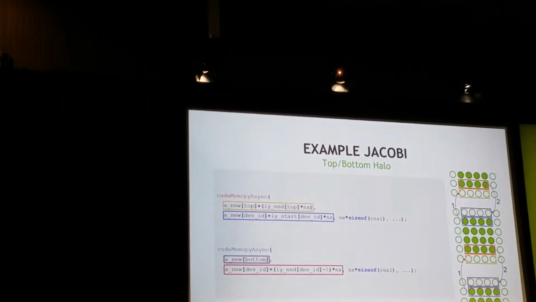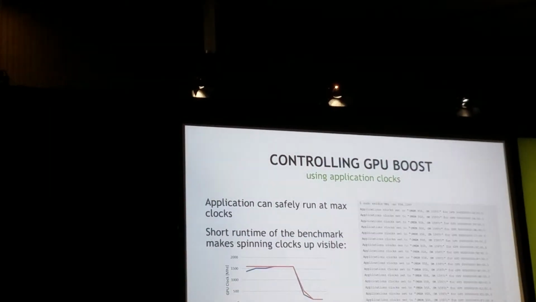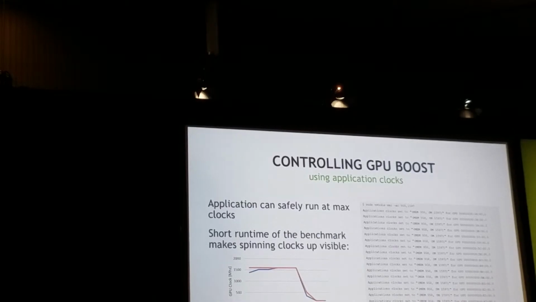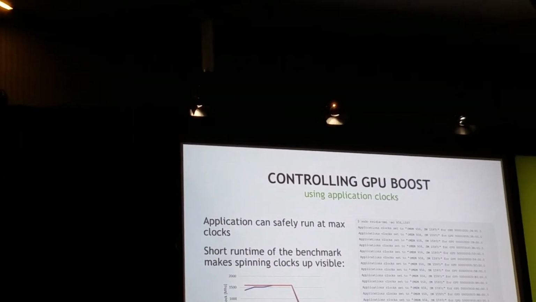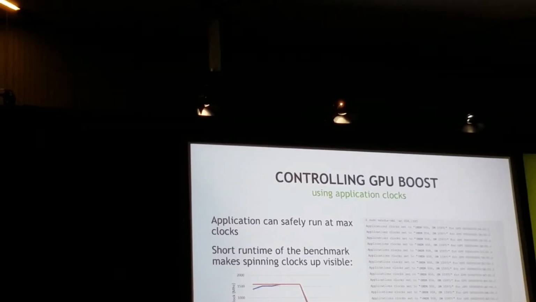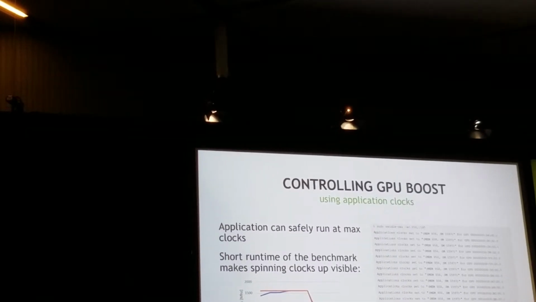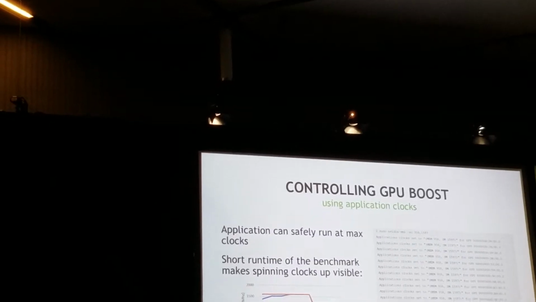So let's look at performance of this. For that, I want to highlight one thing: I'm using application clocks here to control GPU boost, because I didn't want to run my performance test for a very long time. If I'm not doing that, I see that the dynamic boosting of the clocks has an effect on spinning up the clocks, and I don't want my results to be disturbed by that.